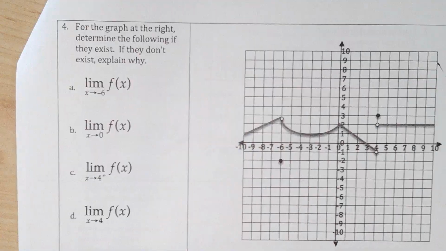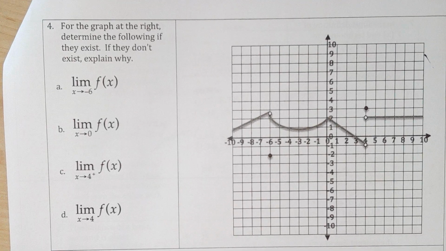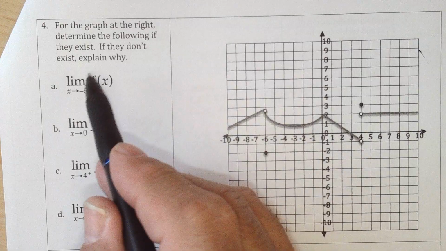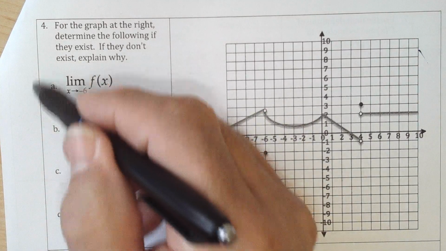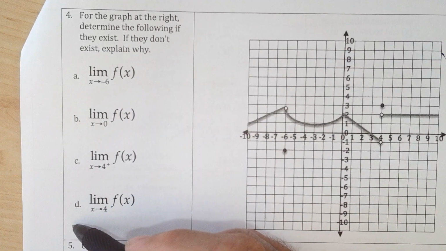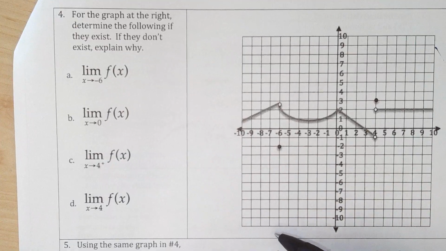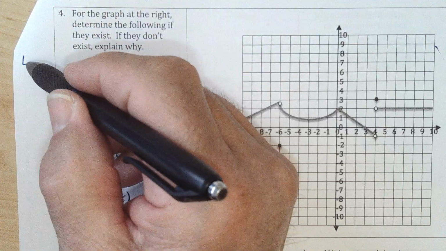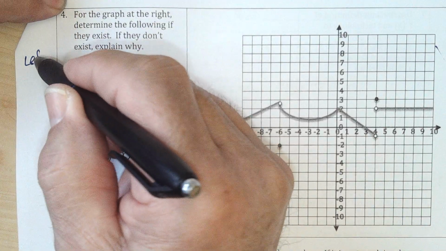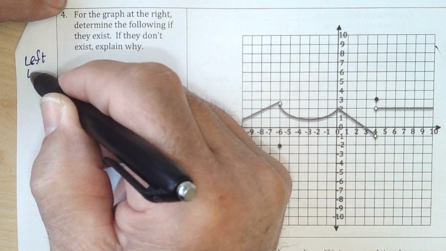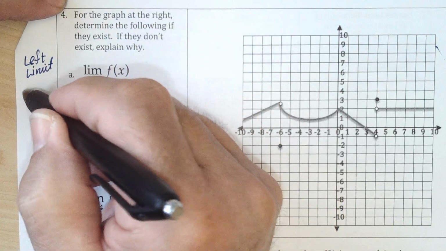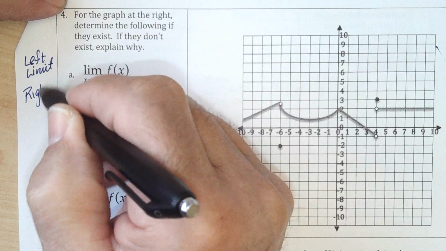All right. Now the simpler ones. Okay. To have a limit. So this is all about limits. You need to know, look at our note card if you need, that it has to have a left limit. It has to have a right-hand limit.